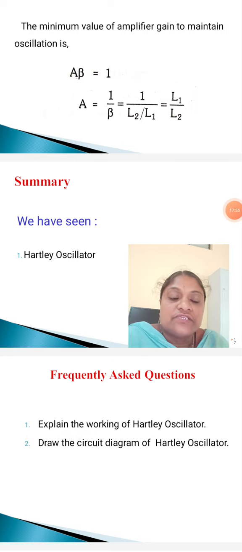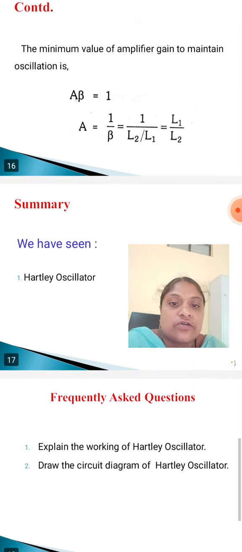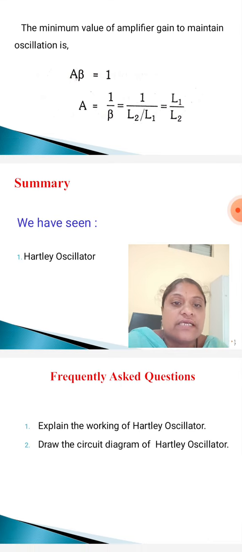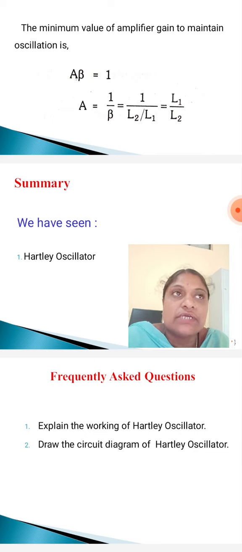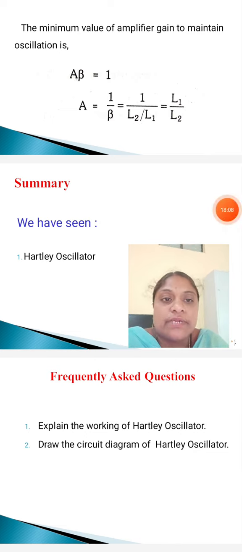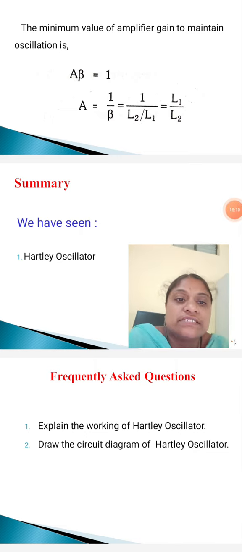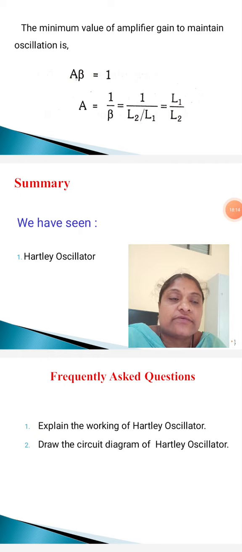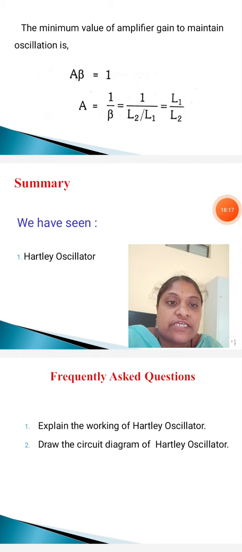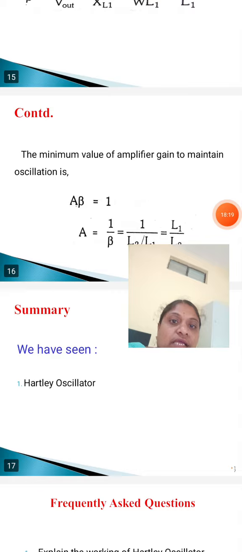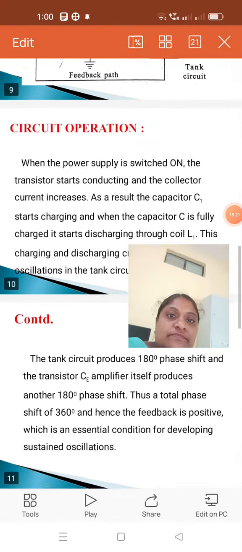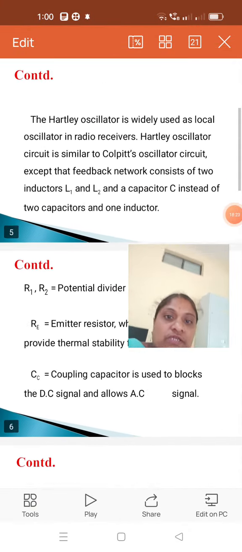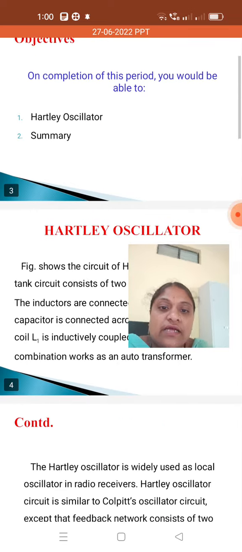Today's topic, the Hartley oscillator, is a very important topic. If the Hartley oscillator is understood, then it is also easy to understand the Colpitts oscillator. Only change the inductor in terms of capacitor, and the capacitor in terms of inductor. So observe this once again. This is the Hartley oscillator. This is the circuit diagram. So study the construction of the circuit diagram, the operation of the circuit diagram, and the resonant frequency. Problems are given using the frequency of oscillations formula of the Hartley oscillator.